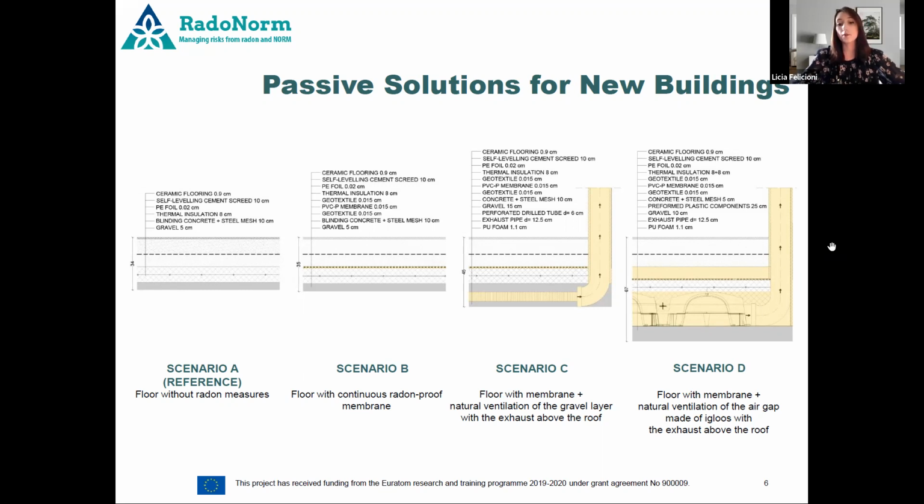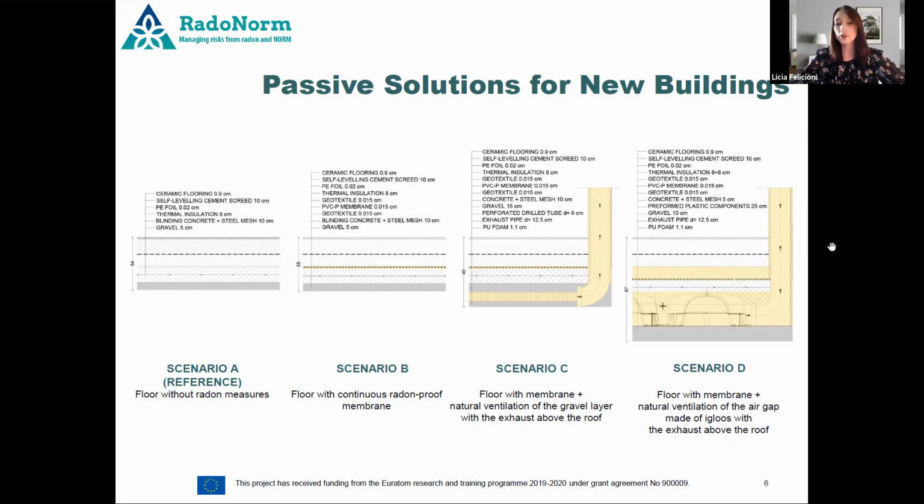Then scenario C always presents this added radon-proof membrane, but the characteristic is that in the gravel layer, in gray you can see, there are laid down some drainage tubes that are linked to one exhaust vertical pipe that goes through the building up to the roof, and it works as an outlet. So that makes possible the extraction of the radon concentration at this level.